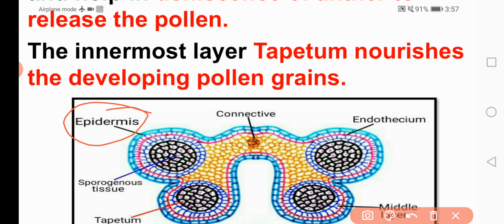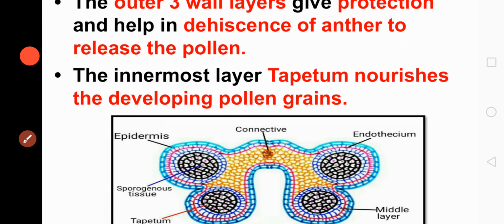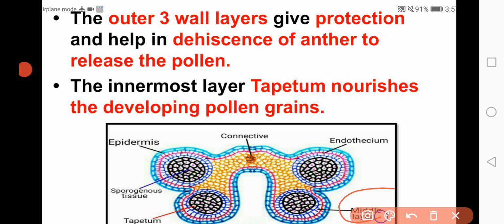Now next to the epidermis, the microsporangium contains the second layer, that is endothecium. So epidermis is the outermost layer. Next to the epidermis, endothecium is present. Now next to the endothecium, the middle layer is present. So the middle layer is the third layer of the microsporangium. Am I clear?